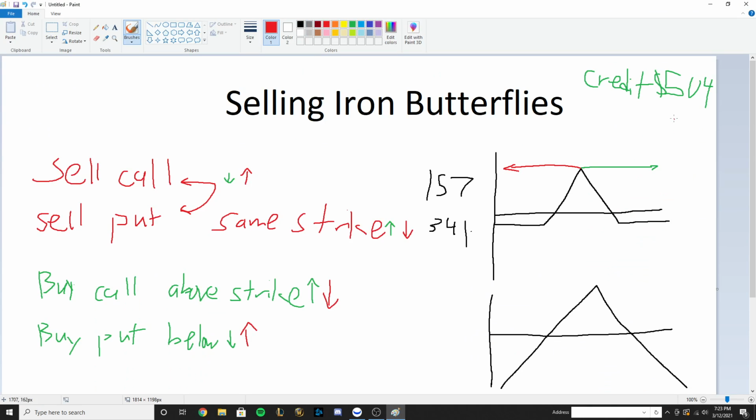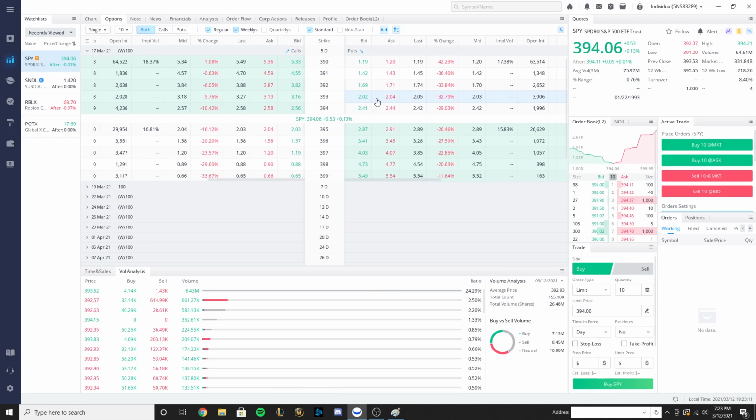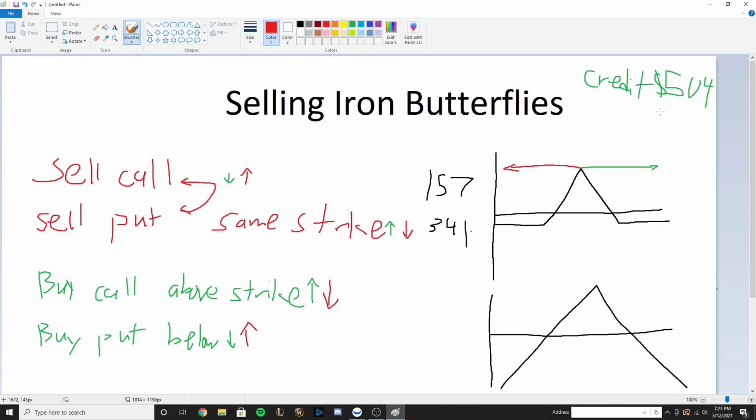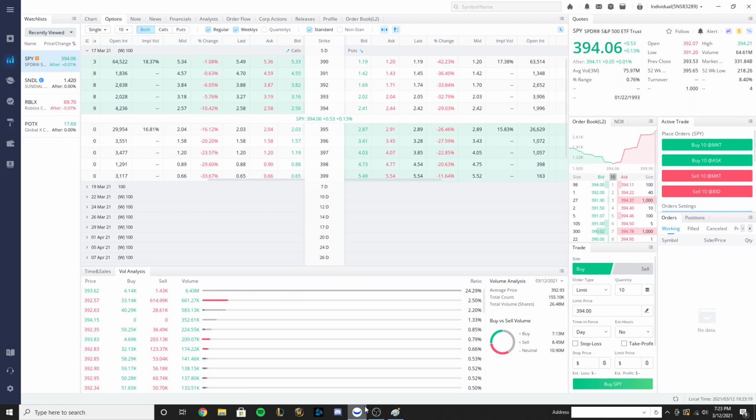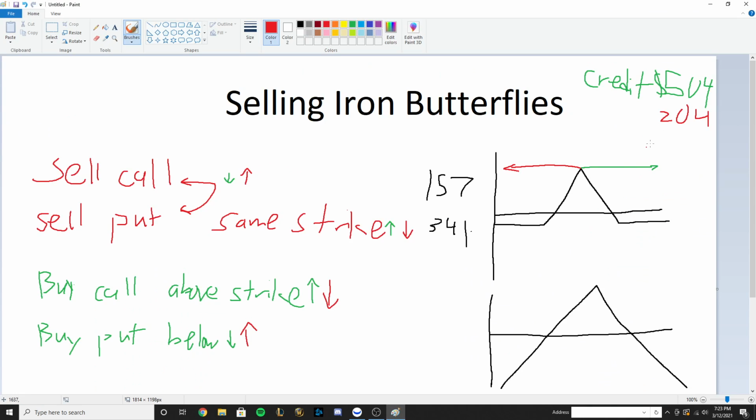So we're buying the 204, and then that's the put, and then for the call, we would want to buy the 399, so it would be $66 for that one.